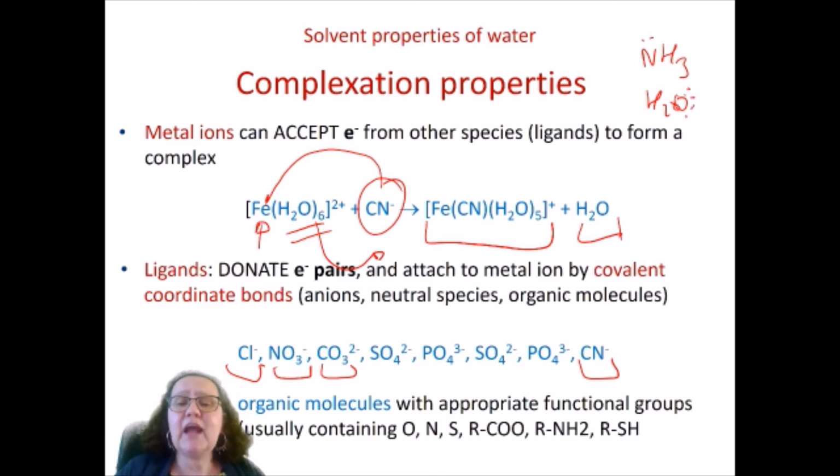And sometimes they're organic molecules that have atoms with electrons to donate, so organic molecules that have oxygens or nitrogens or sulfurs. All of those have electron pairs that can donate to a metal ion to form a complex.